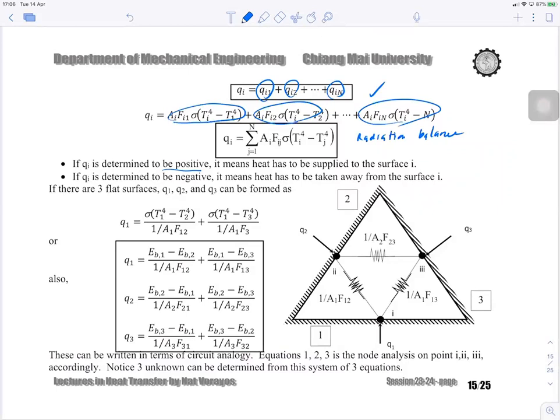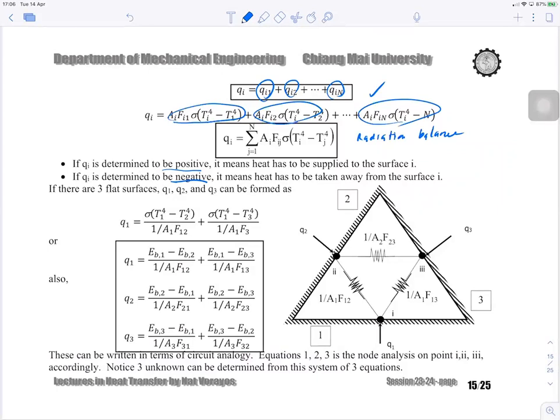Otherwise, it's going to lose energy, and you cannot maintain the temperature of surface i. If Qi is negative, meaning that surface i is gaining energy, you have to take the heat out from surface i. Understand this.